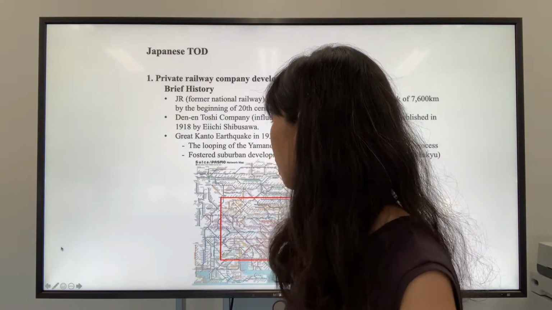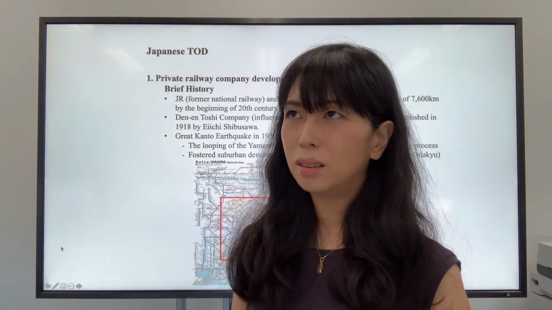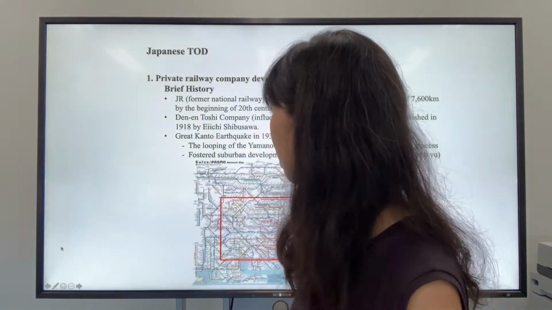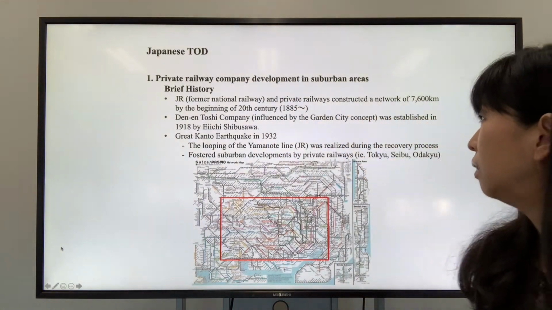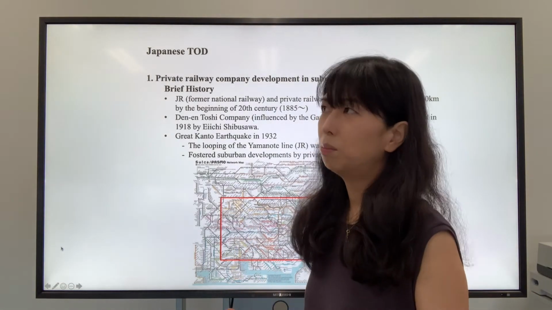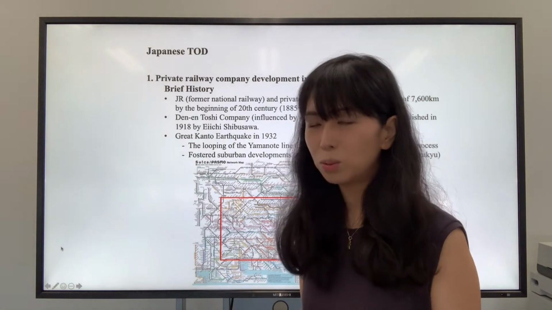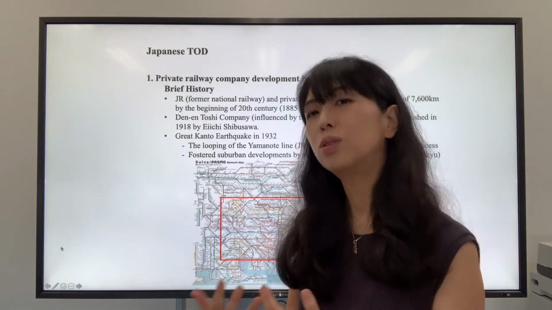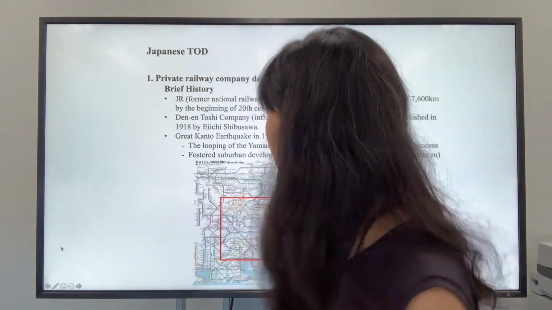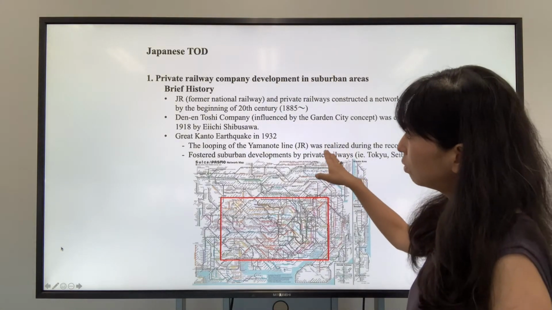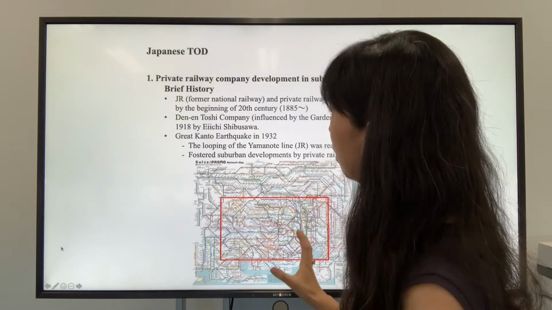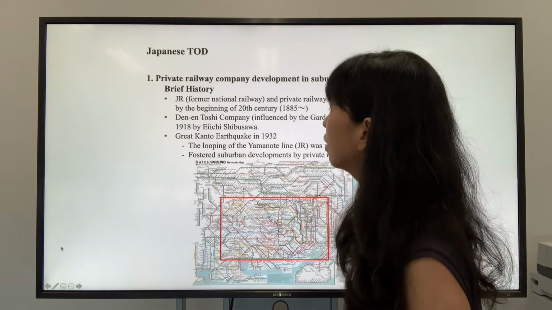So this destroyed a huge surface area of Tokyo, and then it becomes almost a tabula rasa. So in fact, it's a tragedy, but on the other hand, we can say it's also an opportunity to do a redevelopment.